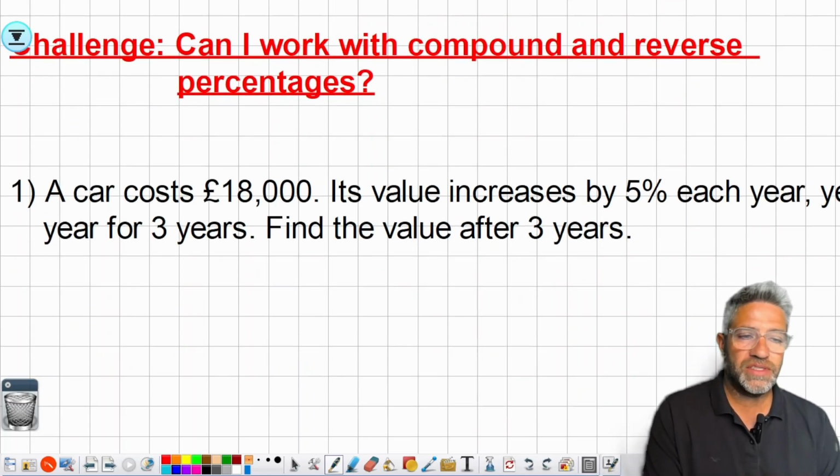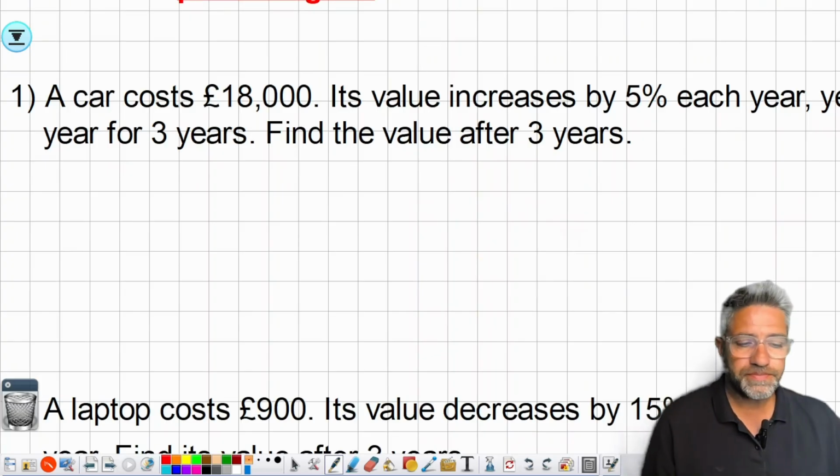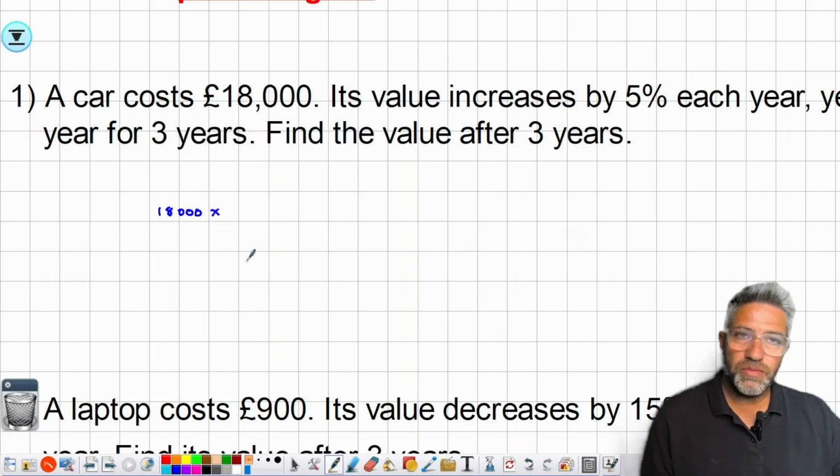I'll just scroll down to give myself a little more space. Okay, so our starting value is £18,000. I'm just going to begin by writing that down, like so. I've said we're using the multiplier method, hence I've started straight away by writing down a multiplication symbol.